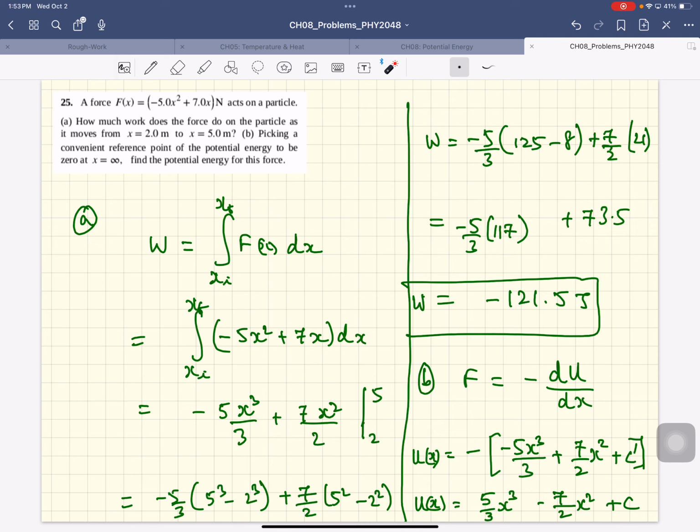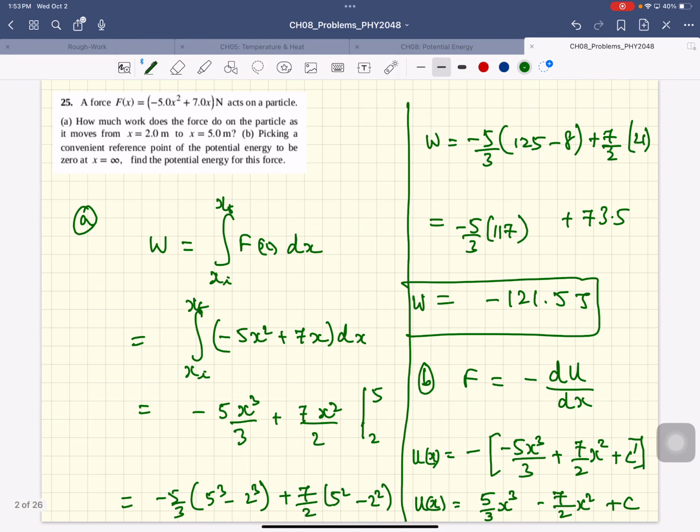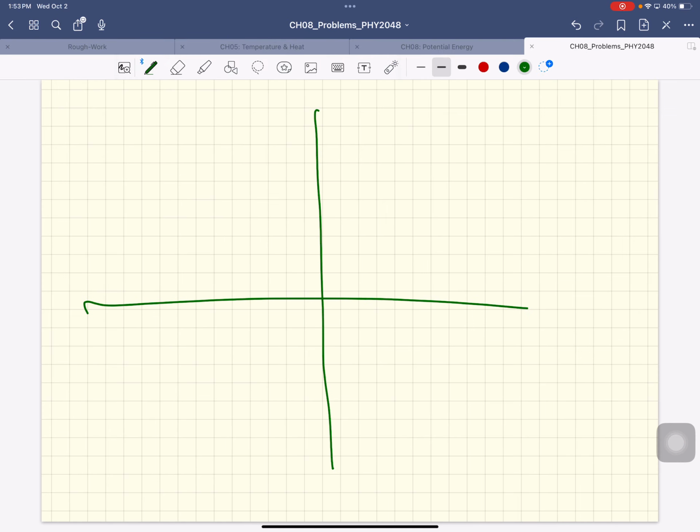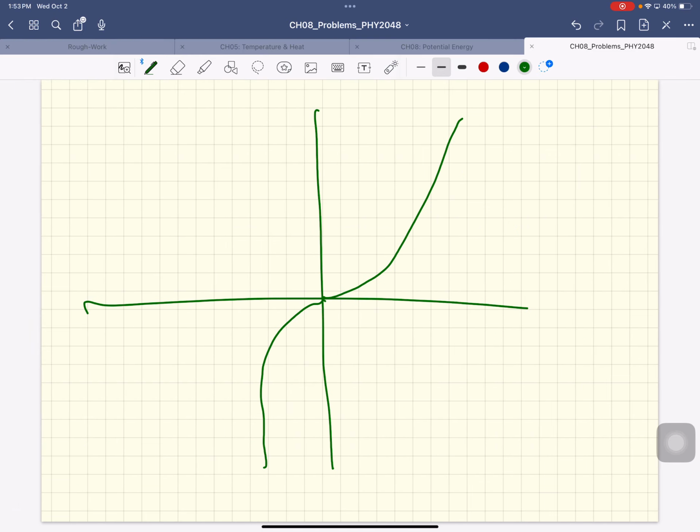So actually, this potential energy function has a problem. If you roughly plot it, the x cubed part goes like that, and the x squared part goes like this.